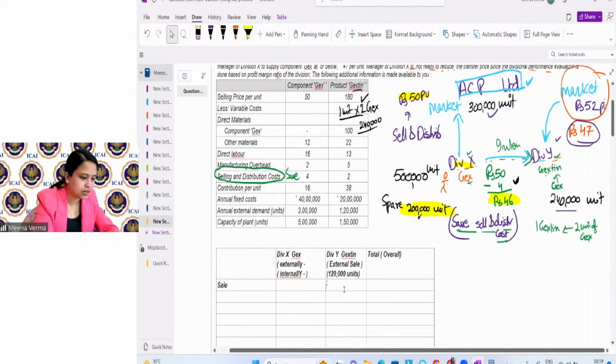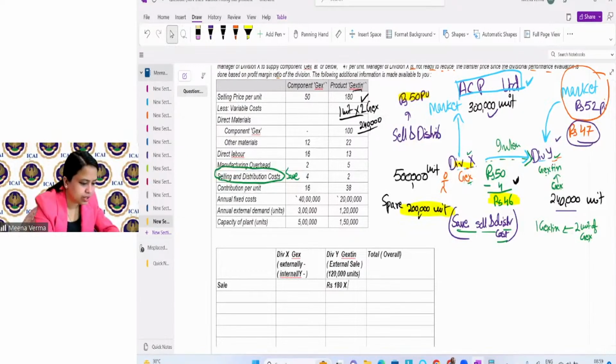They are selling at rupees 180 per unit, and we see how many units they sell in the market.